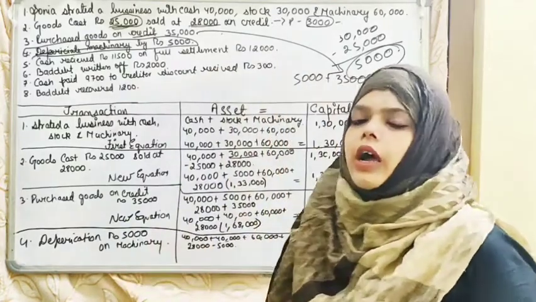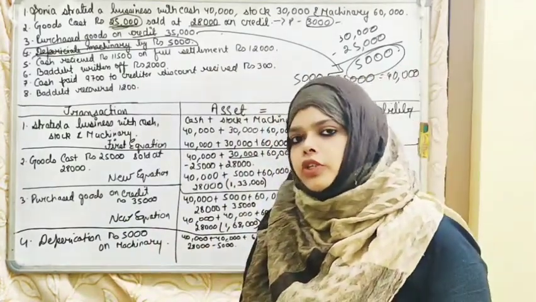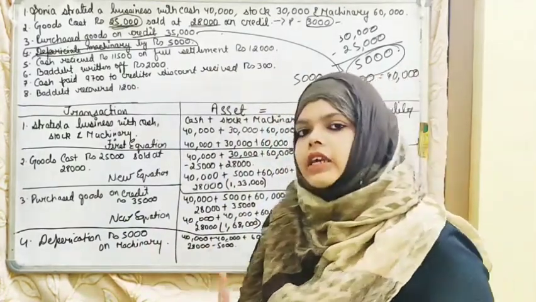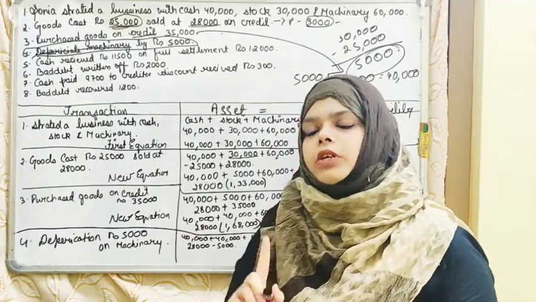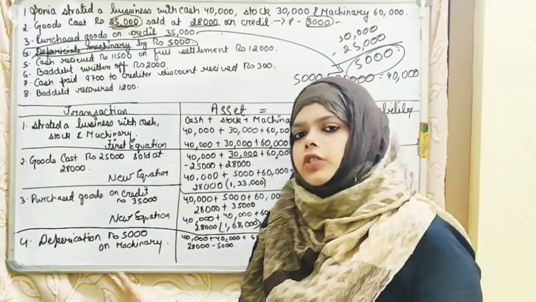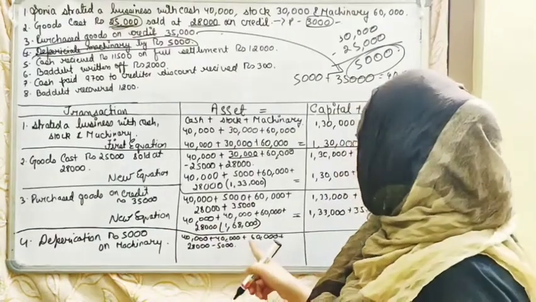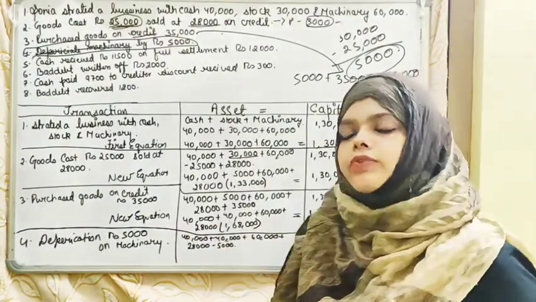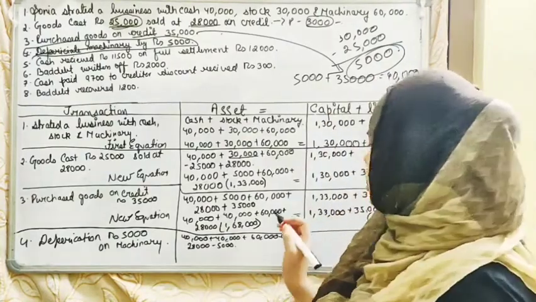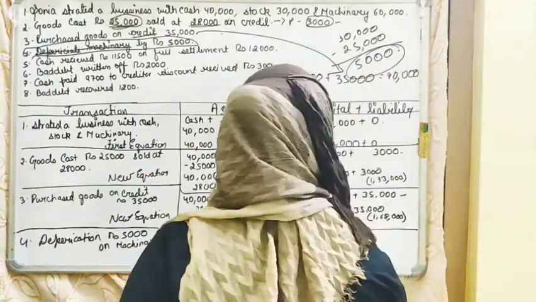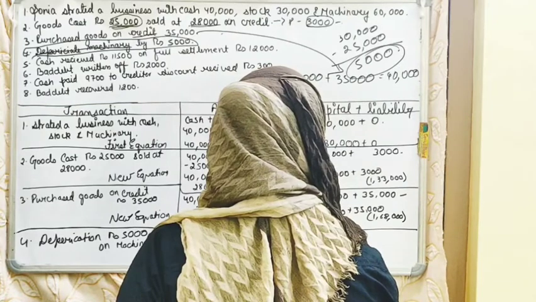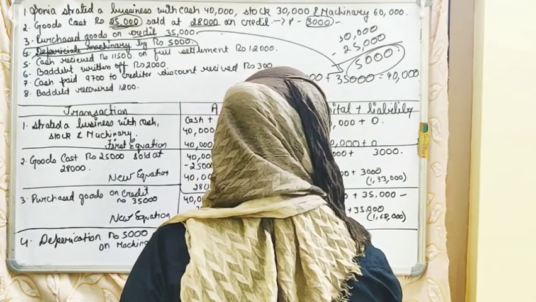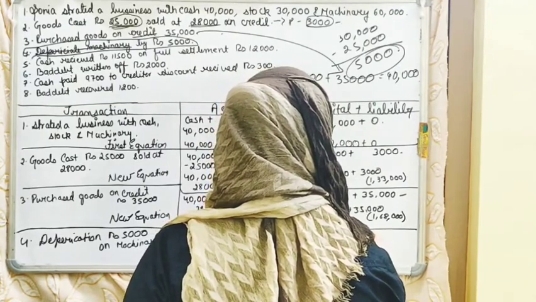Remember guys, every time we charge depreciation, we subtract the amount from the original price of the machinery. So here we have an original price of 60,000. We subtract the amount of rupees 5,000 from the machinery. So here it will come as 1,68,000 minus 5,000.